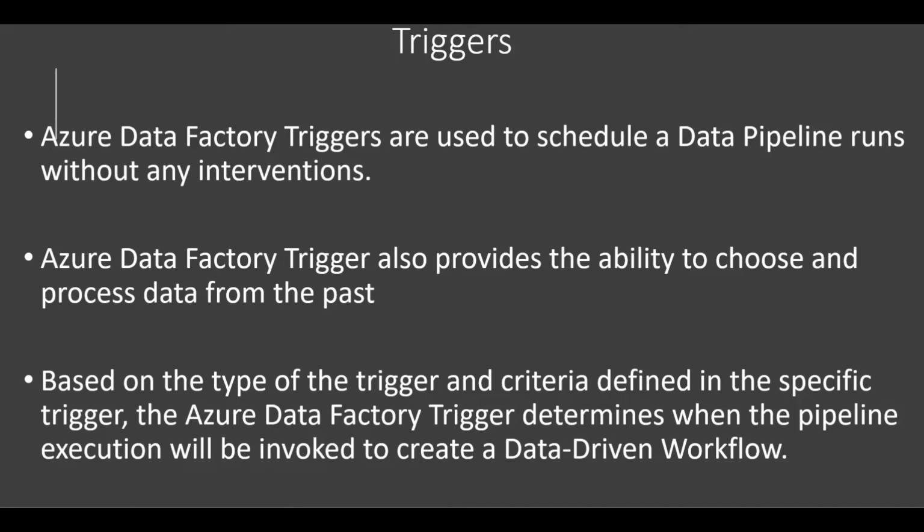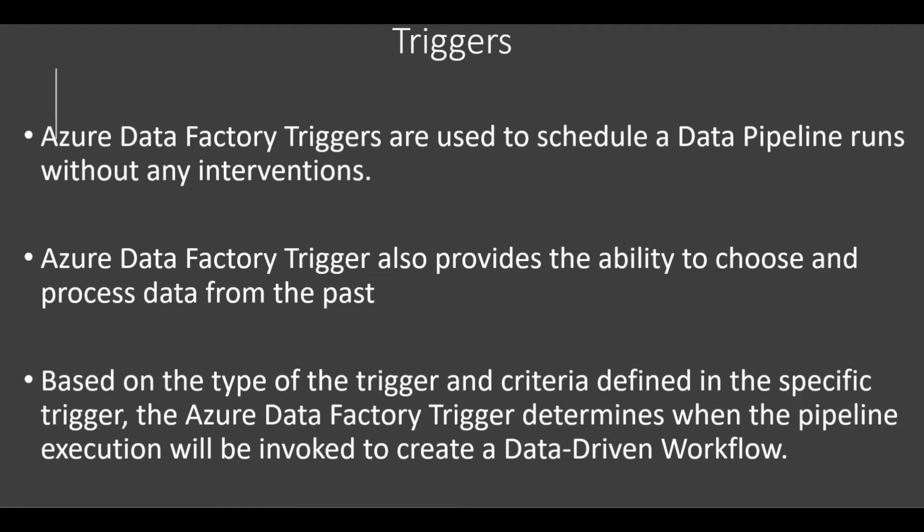Based on the type of trigger and criteria defined in the specified trigger, Azure Data Factory determines when the pipeline execution will be invoked to create a data-driven flow. Again, it is the trigger that determines when the pipeline execution will be invoked.